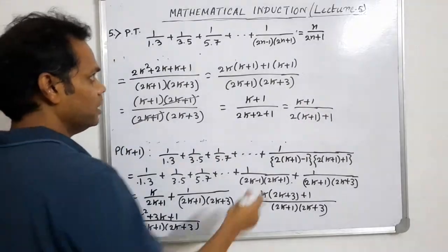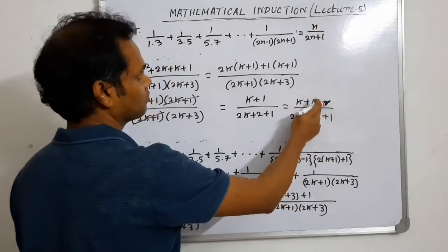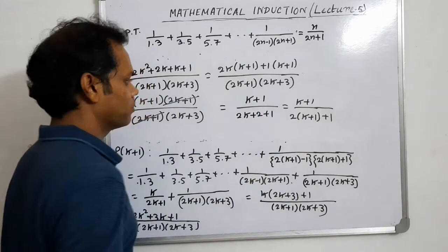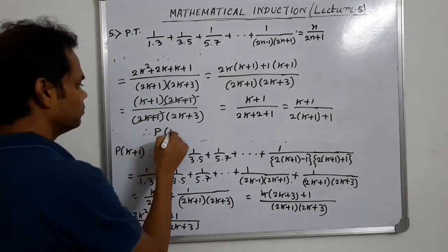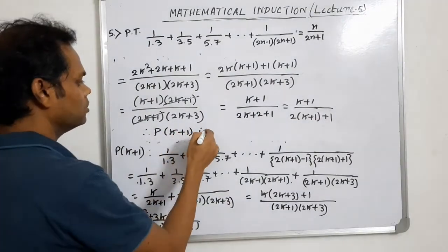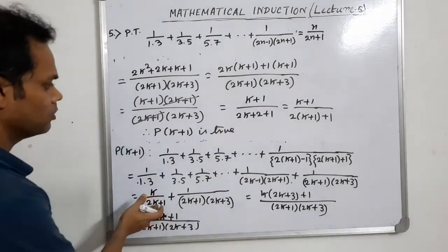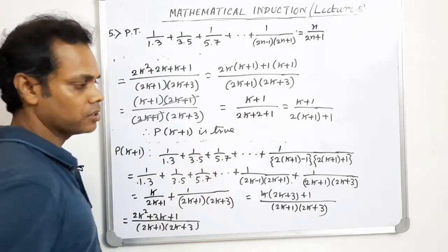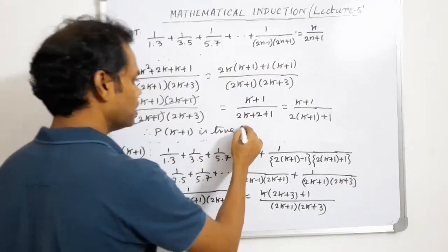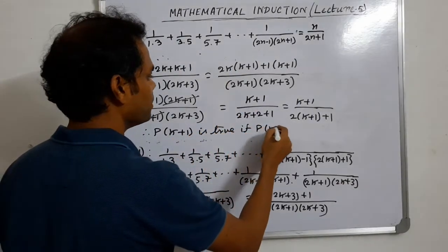Now you see that n is replaced by k plus 1. Where there was n, there is k plus 1. Therefore P(k+1) is true. But without this assumption we cannot prove that part. So P(k+1) is true if Pk is true.